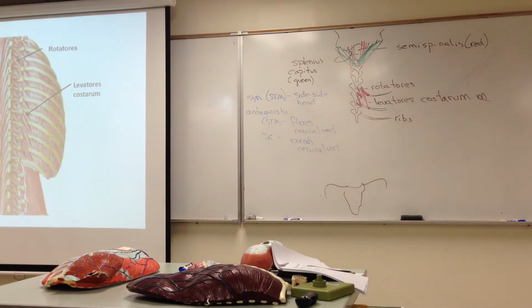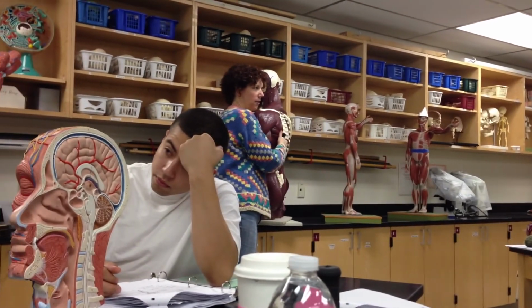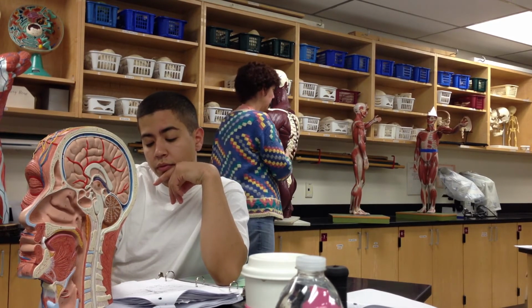And you don't have to worry about the innervation for these because they're also dorsal rami, just these really, really deep muscles. On the torso model here, again, you can see that these are going out to the ribs rather than just to the vertebra. So these would be the levatores costarum, and the shorter ones are the rotatores.